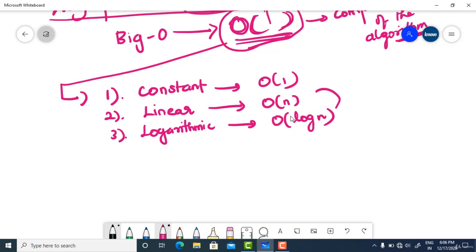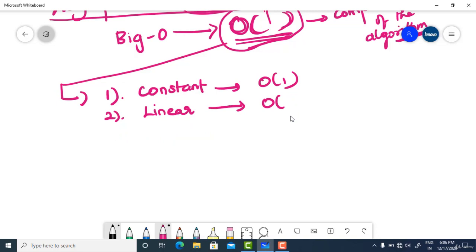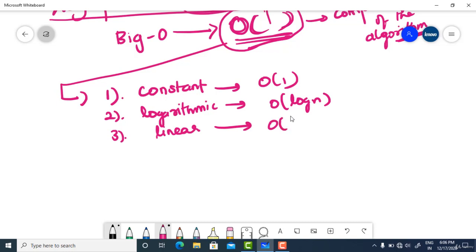So what I could do here is, let me put logarithmic in front of linear, because it's even more efficient than linear. So logarithmic is O of log n. Third one is linear, of course. Linear is O of n.